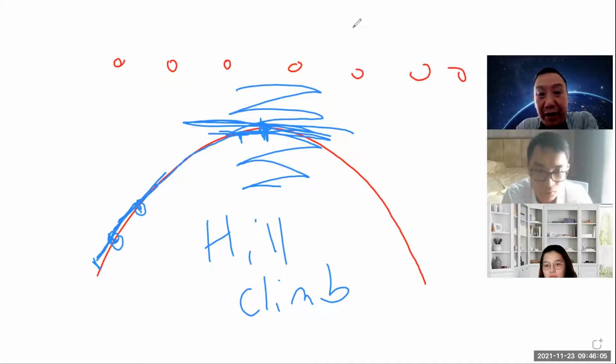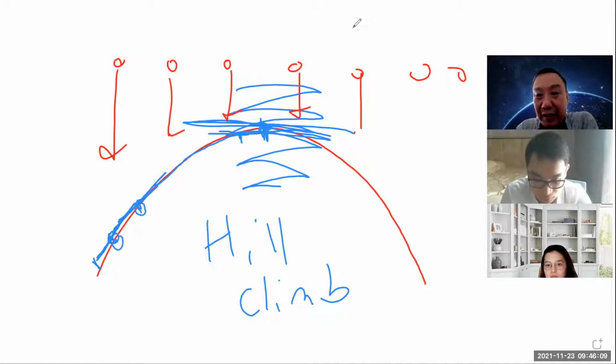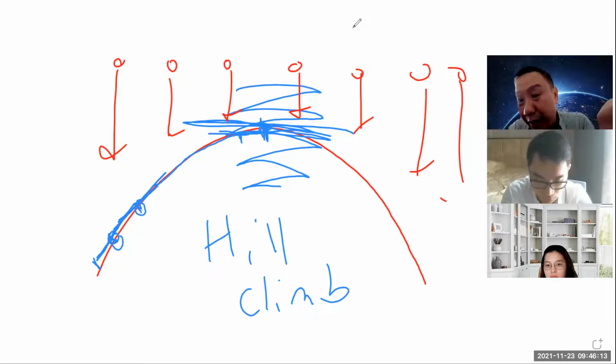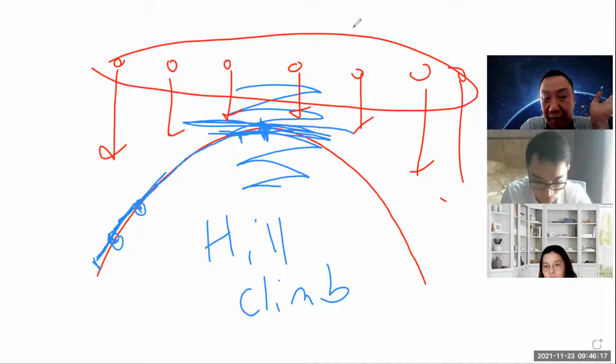And then from these points, going down here, many points, from these many points, search the next points. So every time it's using many points. Searching using many points, that's why it takes longer to search.